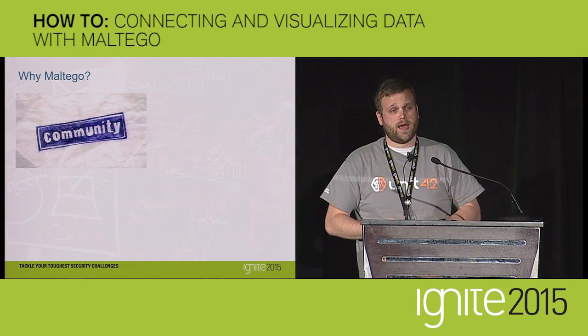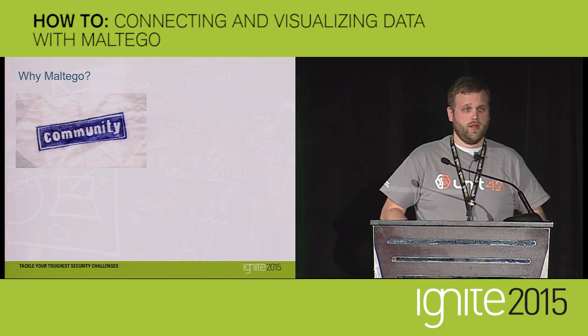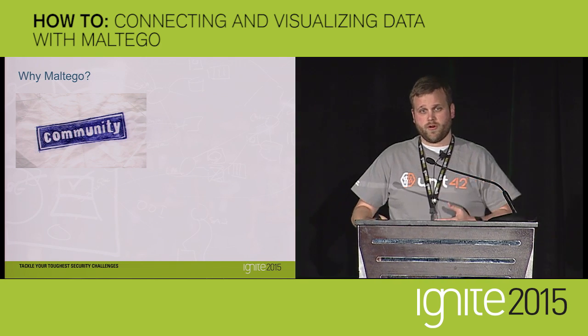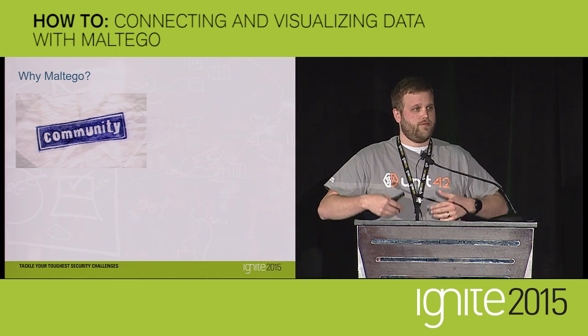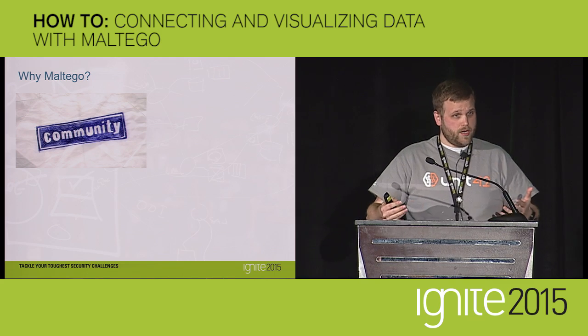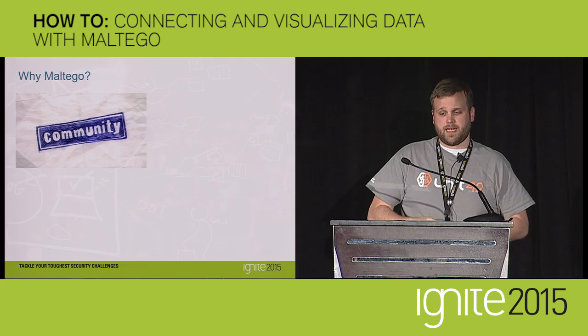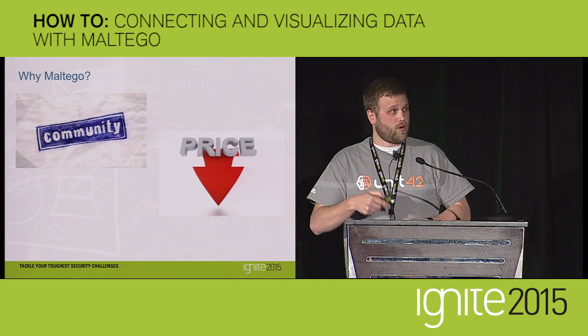Maltego is capable of that. And one of the advantages of the Maltego community, people who are using the tool, writing open source transforms to be able to connect data together, is that you have more people who are contributing things which you can then use for free without having to pay anyone because it's a community effort. Second thing is price.